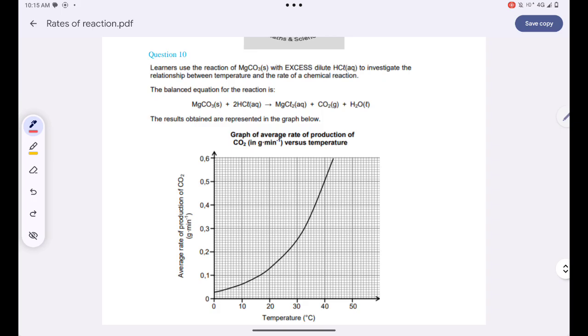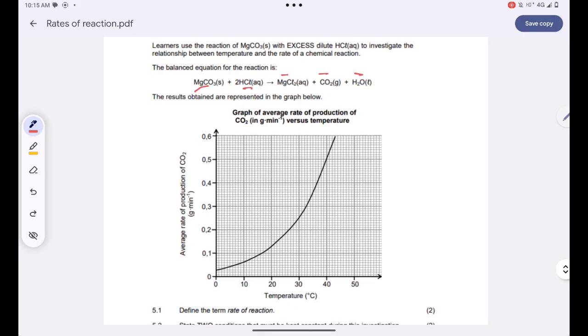We have our reactants, which are magnesium carbonate and hydrochloric acid, and for our products we have magnesium chloride, carbon dioxide, as well as water. And then we are told that the results obtained are represented in the graph below. The graph of average rate of production of carbon dioxide in grams per minute versus temperature is given below.